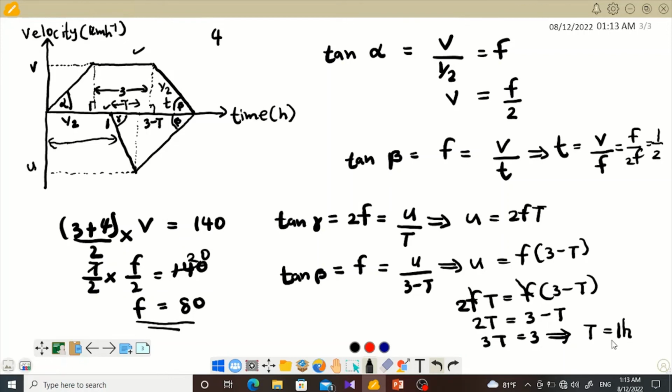Then T is 1 hour. I found the value for T.